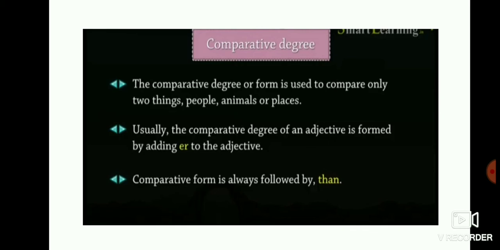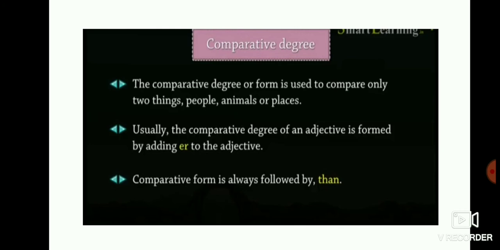Okay, these are rules. Listen carefully. You have to compare only two things and add er to the adjective: taller, bigger, hotter. And use than after it.